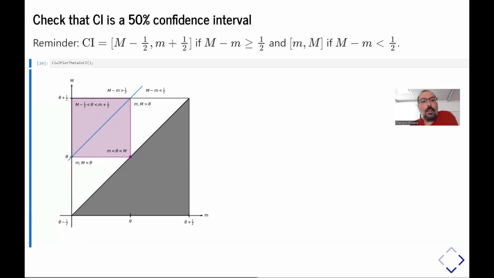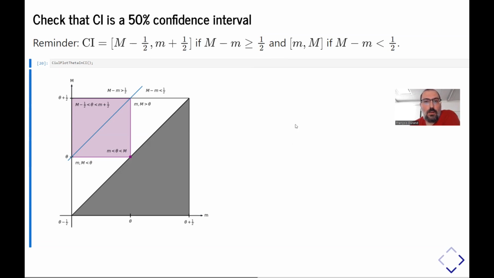Actually, we see here that the condition... Yes, small m is the square. Not the, yes, exactly. In the other case, where big M minus small m is smaller than 1/2, theta is in the confidence interval if small m is smaller than theta.